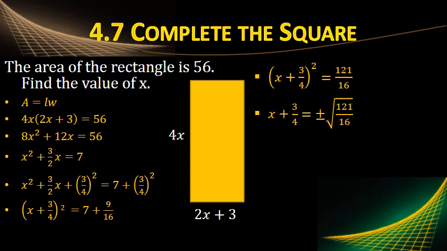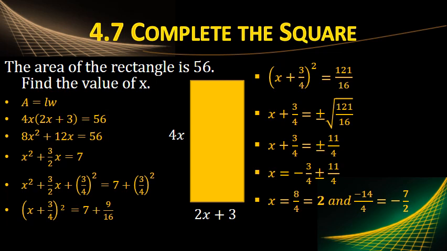Take a square root, which becomes 11 over 4. Subtract the 3/4 and get our answer. Negative 3 plus 11 is 8 over 4, which is 2. Or negative 3 minus 11 is negative 14, which is negative 7 over 2. I can only use the positive answer, so we're going to go with the answer of 2.